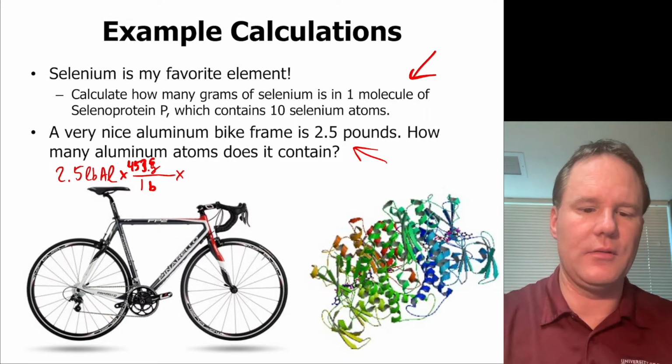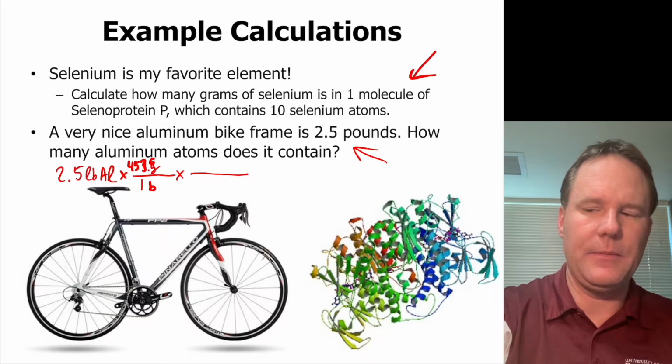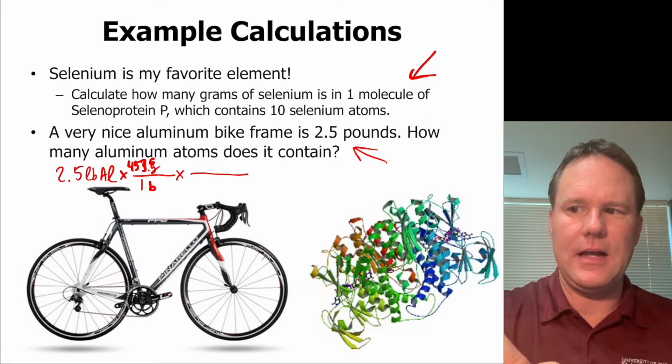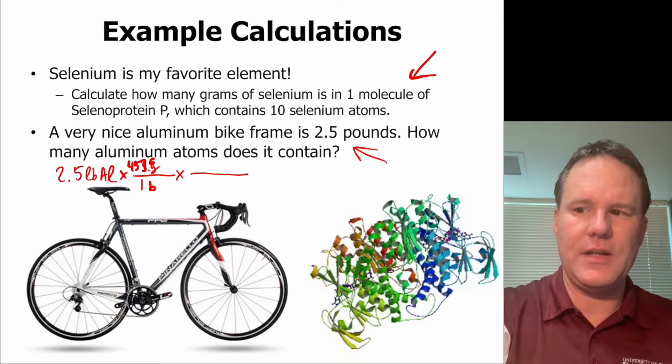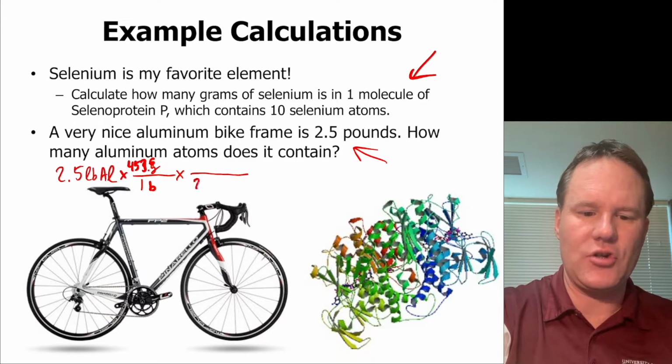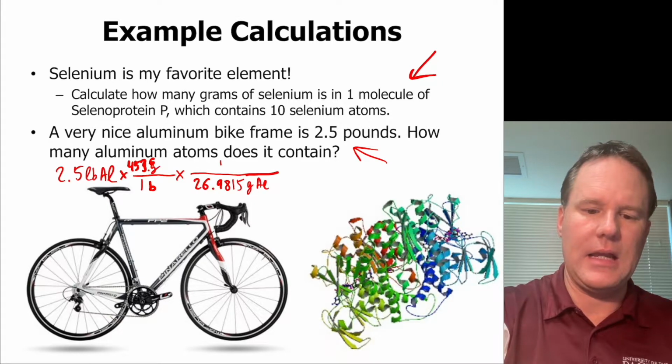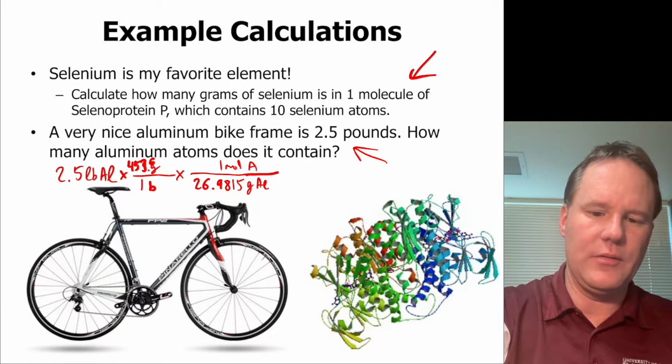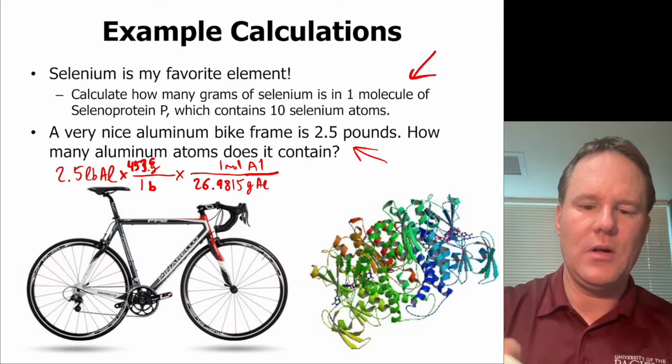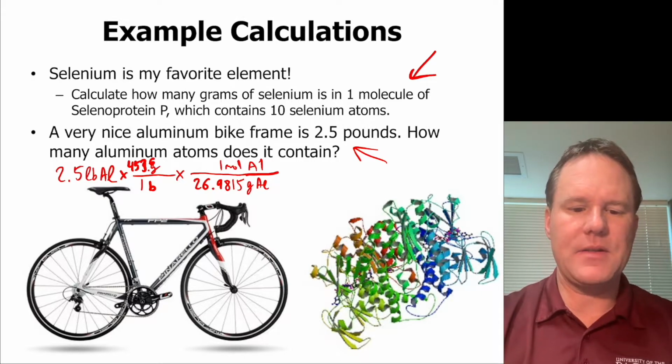Okay, we convert it to grams of aluminum, and then we know that the atomic weight of aluminum is 27-ish, right? So 26.9815 grams of aluminum is 1 mole of aluminum. Okay, so we cancel out the grams of aluminum, and now we have moles of aluminum.